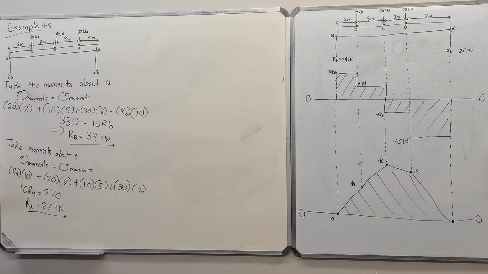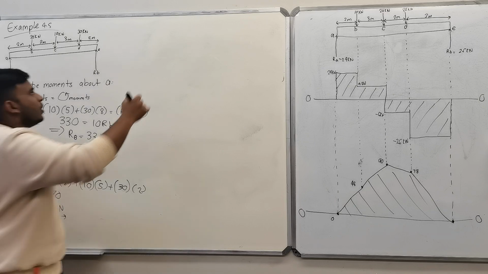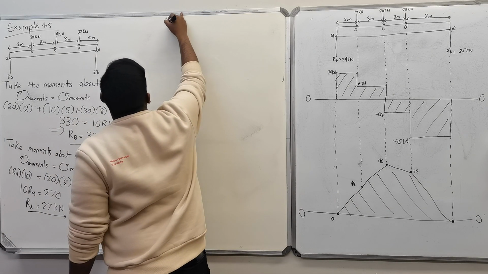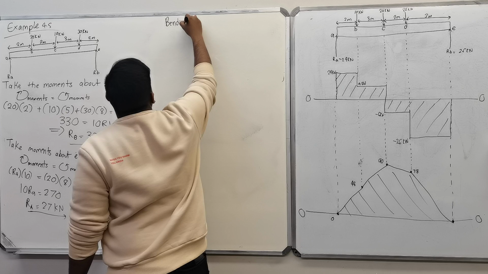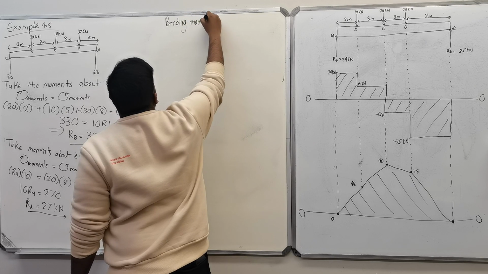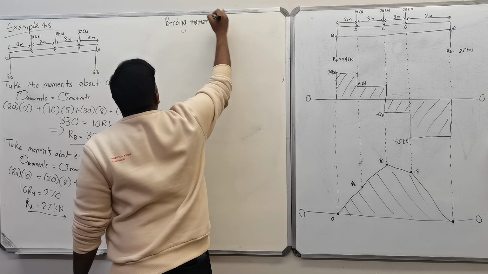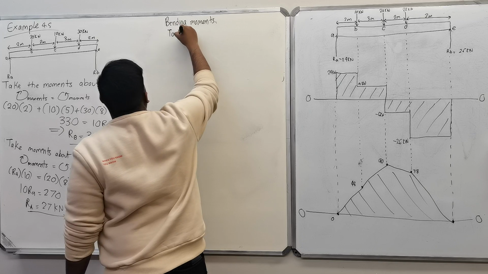So, we did this. Before we draw our diagrams, let's calculate the bending moments one time, so that when we go, we just draw diagrams only. Let's say bending moments. We take everything that's to the left of a point.